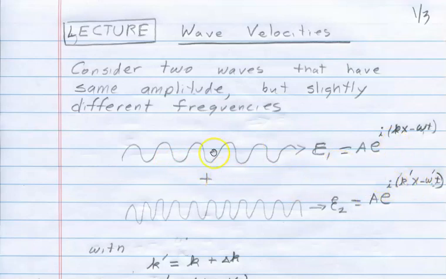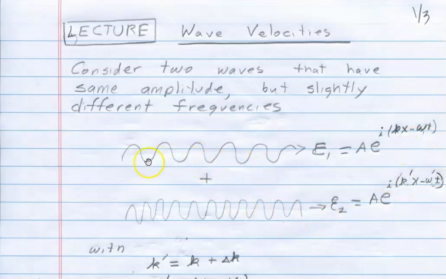They could be going in opposite directions, but for the sake of simplicity, I want them to both be of the same amplitude and both going in the positive x direction. The only difference is they have slightly different wave numbers and angular frequencies.